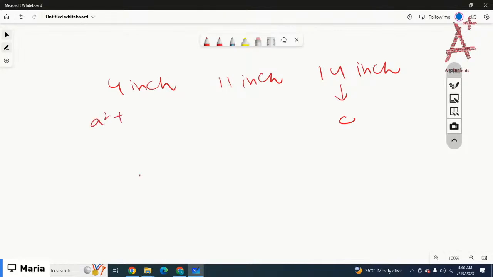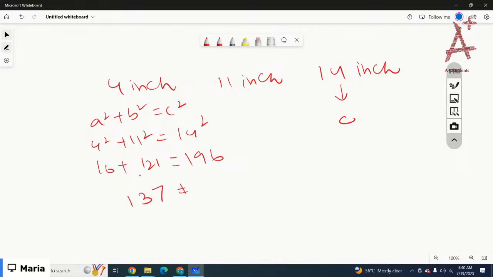It is a square plus b square equals c square. 4 square plus 11 square equals 14 square. 4 square is 16, 11 square is 121, and 14 square is 196. So just add: 16 plus 121 is 137. 137 is not equal to 196.